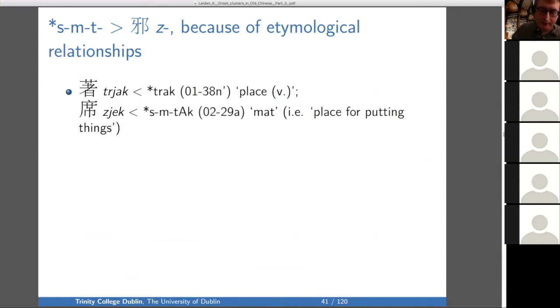Okay, now one of the more complicated proposals, SMT goes to Z. So they think, as evidence of that, you have place, to place something, and then this mat, so a place for putting things.